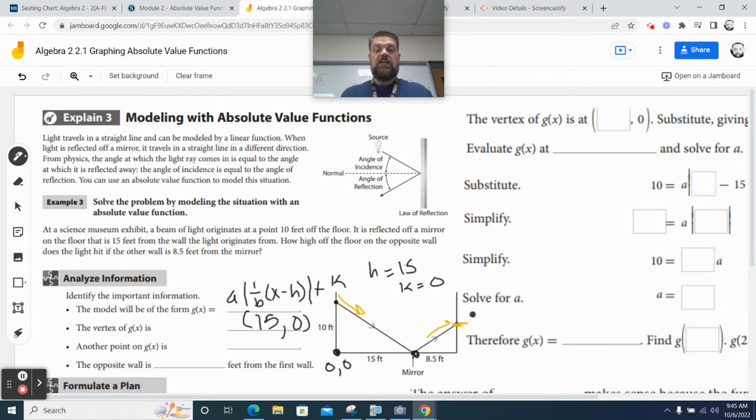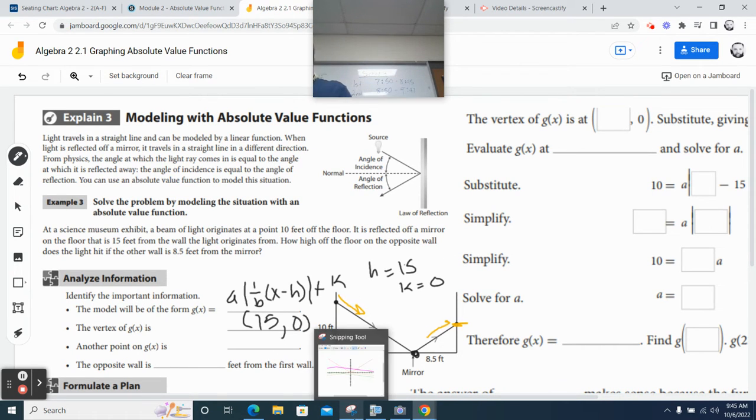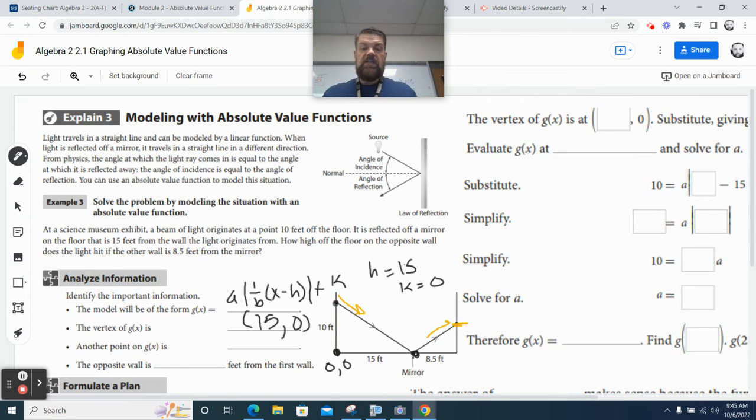And then we have to pick another point on the graph. Well, we know that this point here would be 0, 10. So in this scenario, I'm going to have an x that's equal to 0 and a y that's equal to 10.